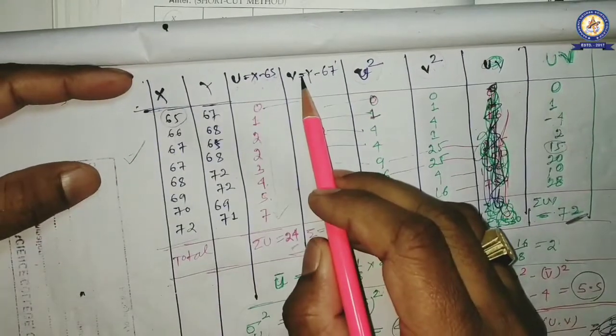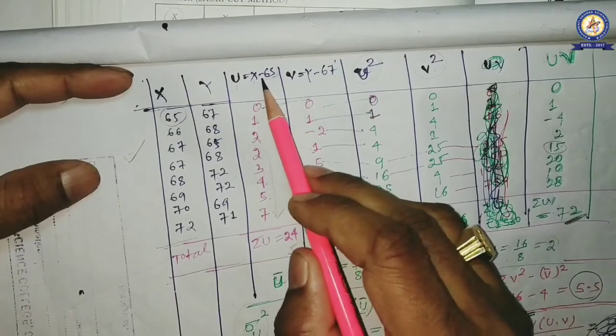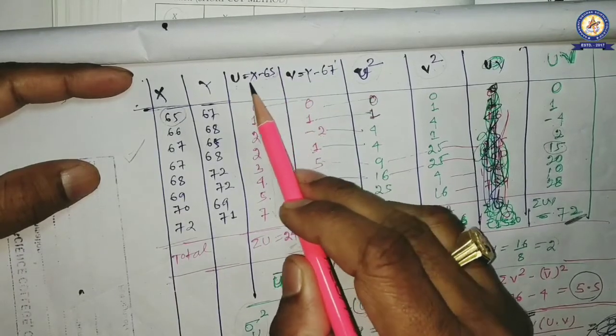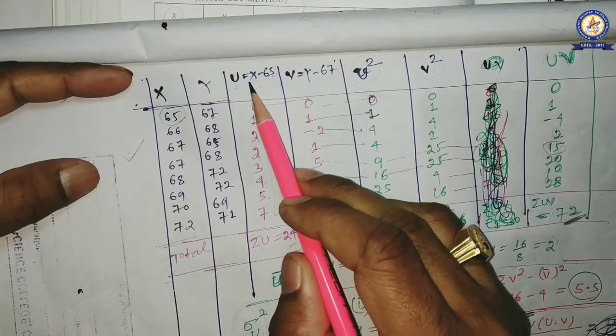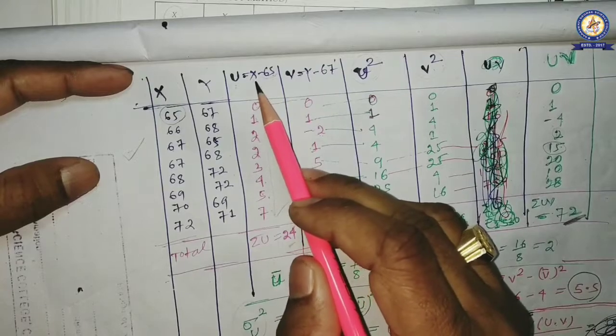And as I told, u and v can be taken as anything: x plus or minus any number, or divided by any value.